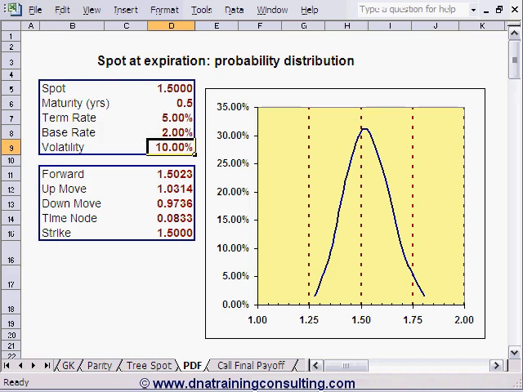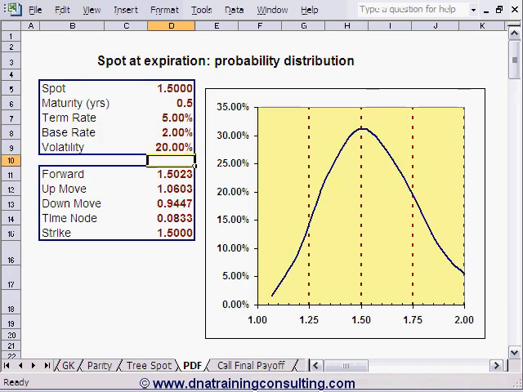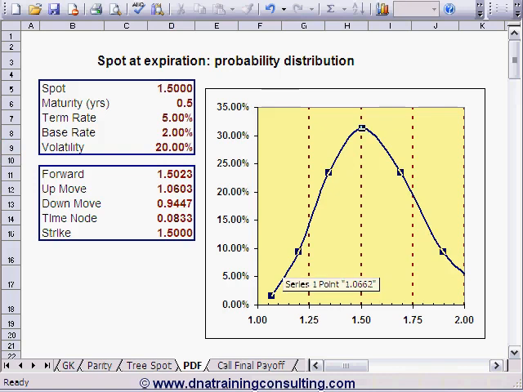Perhaps most importantly, increasing volatility from this current 10% to, let's say, 20% widens the graph and spreads the final outcomes over a broader range, this time a range that seems to go from just over 1 to almost 2, although we cannot see the very final and highest value given the size of this graph.